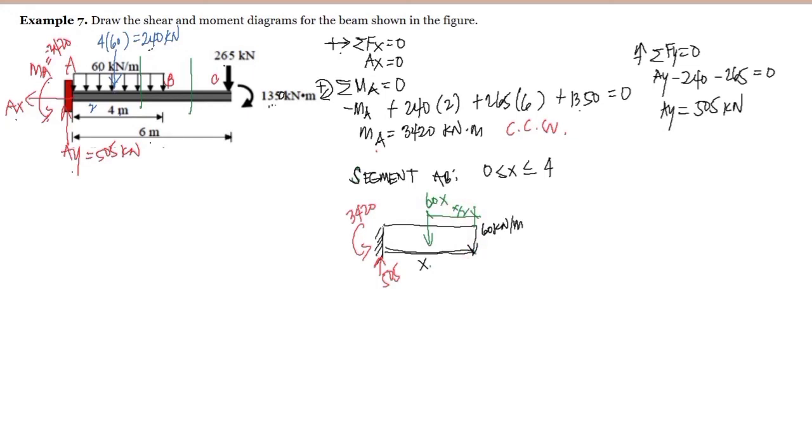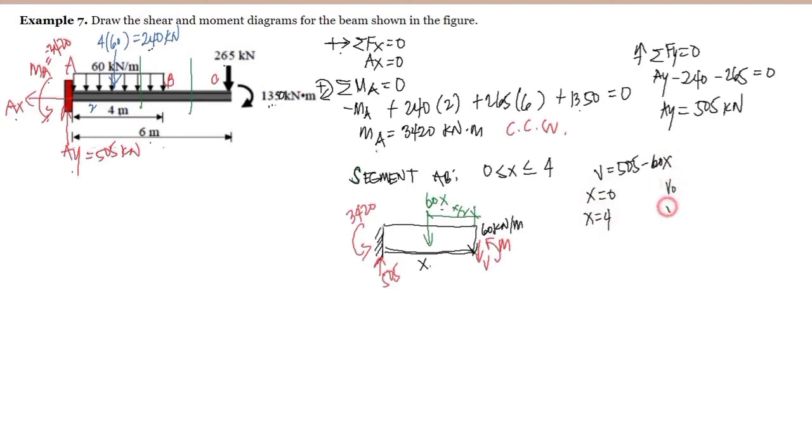Since we cut somewhere here, then we expose the shear and the moment. So for the shear equation, we have the shear is equal to 505 directed upward minus 60x.